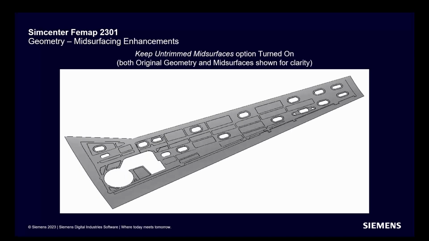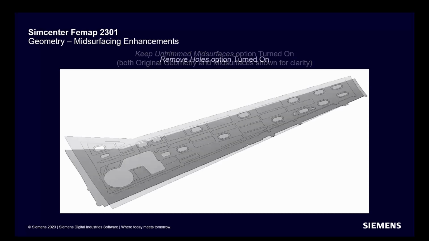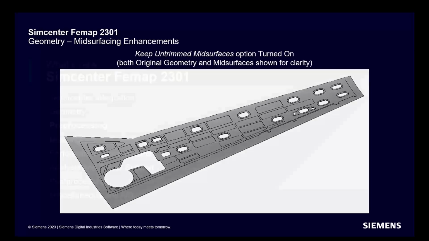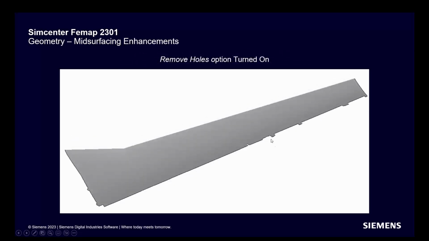And then here is what happens when you leave the original geometry and you want to keep the untrimmed surface. If we go back and forth, you can kind of see how the midsurface is extended, especially if you can see my mouse.